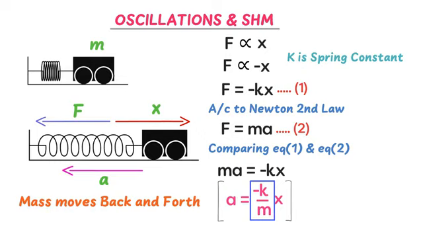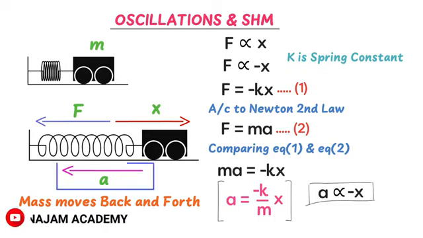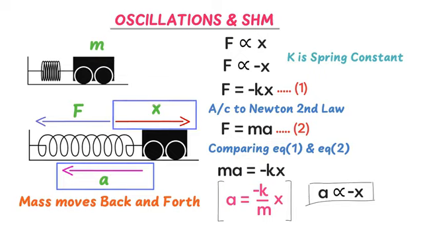These both quantities are constant. So acceleration a of the mass m purely depends upon its displacement x. And also remember that the direction of acceleration will be opposite to the direction of displacement.